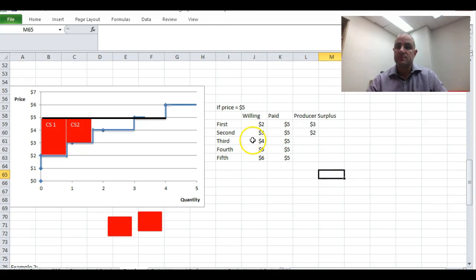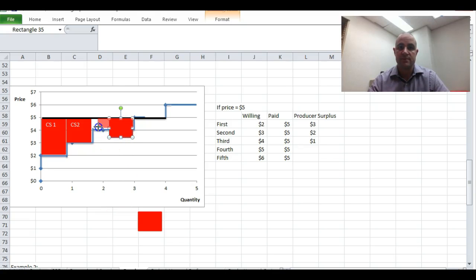The third was willing to sell for $4, did sell for $5. The surplus on the third is $1. This is a little bit off here, but get the point. Let me fix this up. There we go. So this is the producer surplus of the third.